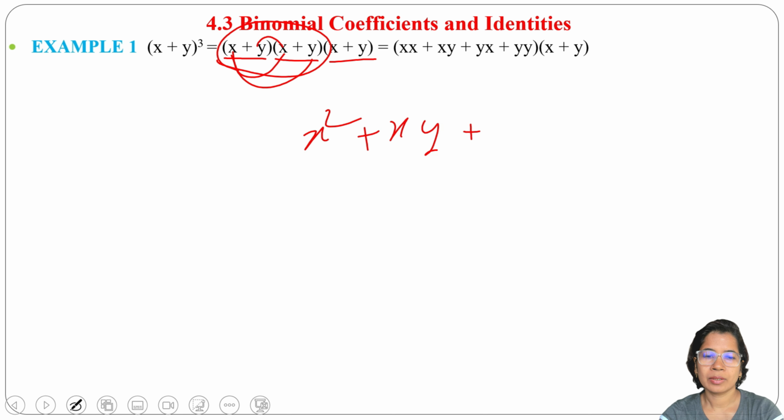Okay, so we need to find this value, the combination of 25, 13. So 25 factorial divided by 13 factorial multiplied by 12 factorial.